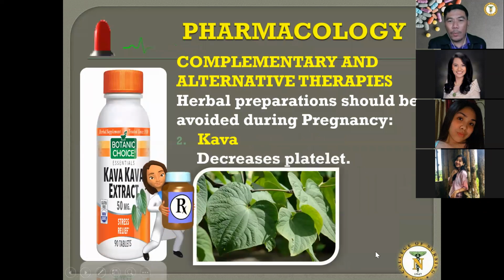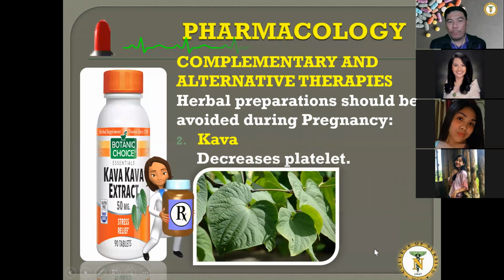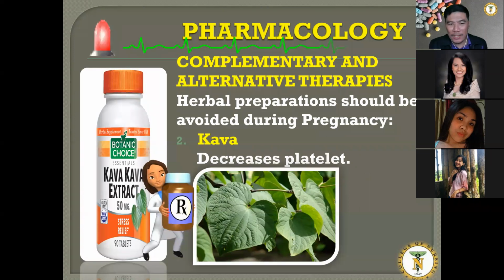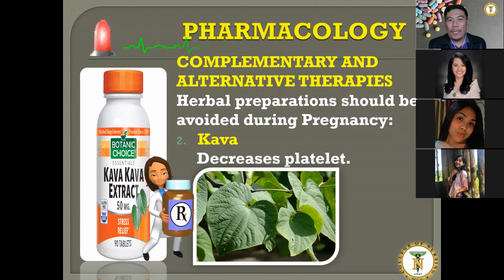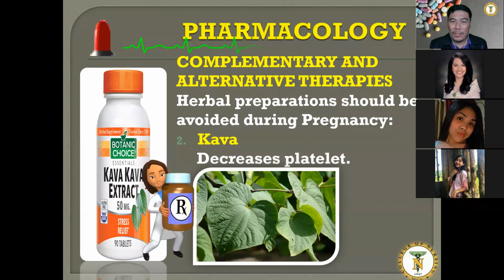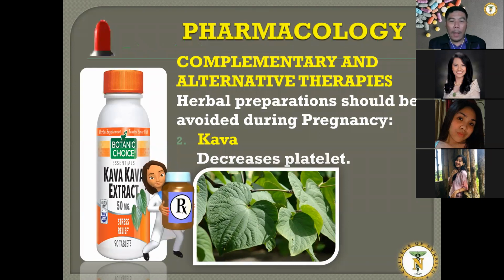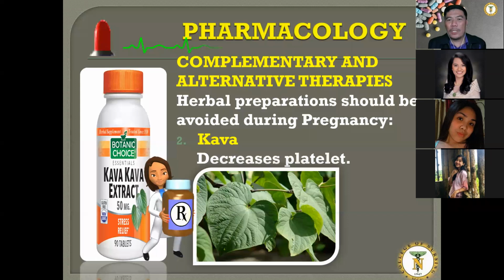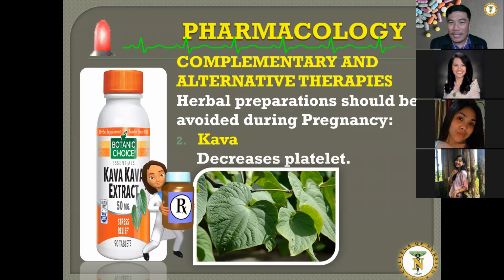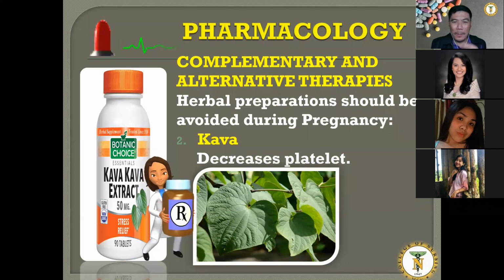Next, we have what we call Kava. The Kava extract is an alternative or herbal preparation which is used for stress relief. These are stress-relieving preparations, they say. The problem is that this should be avoided during pregnancy because it decreases platelets. Okay?